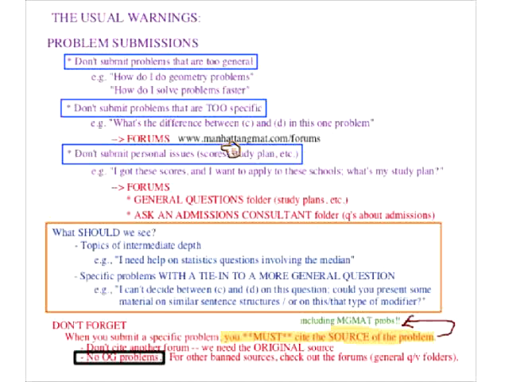Here's another individual from, in fact, just the day before yesterday. Again, the point is don't submit your personal issues and study plans and so on.